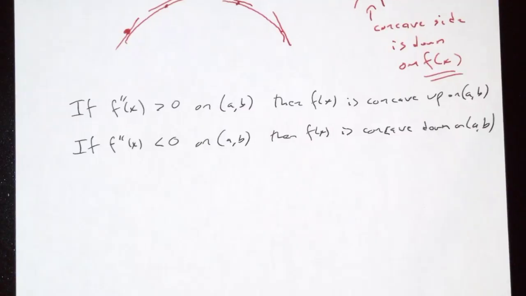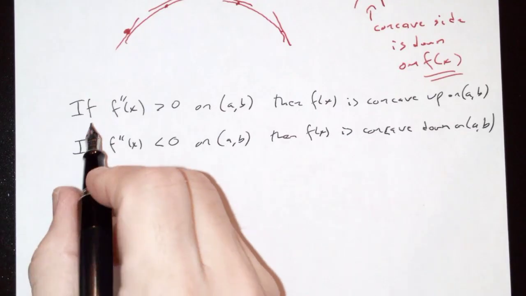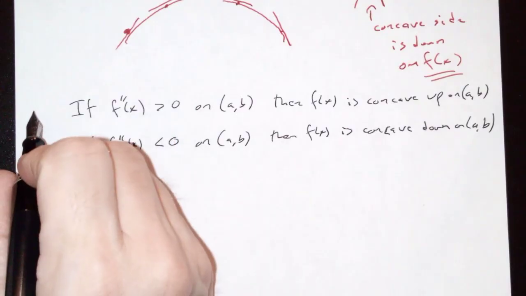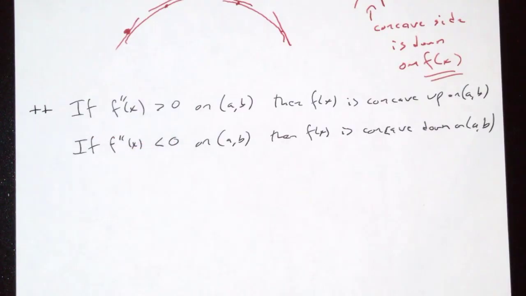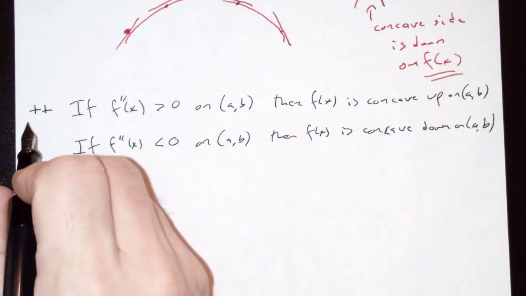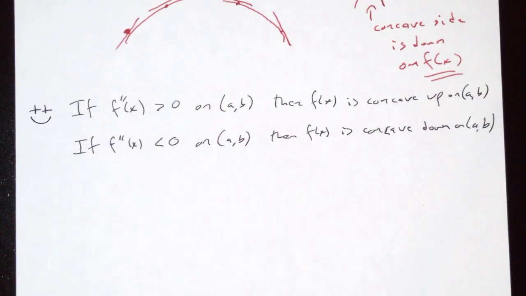I have been using the following little symbol to help me remember this for almost 45 years now. If my second derivative is positive, I'm concave up.